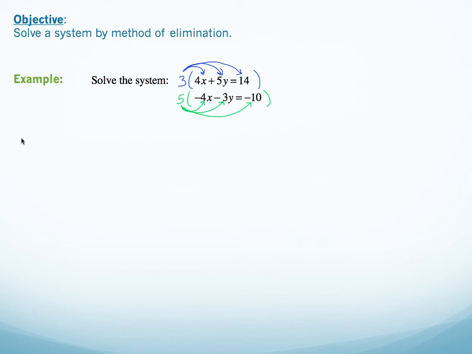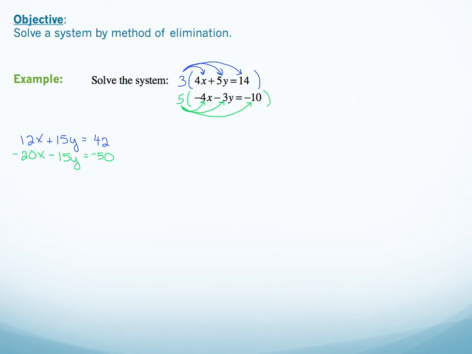The first equation is going to be 12x plus 15y is equal to 42. And the second equation is going to be negative 20x minus 15y is equal to negative 50.